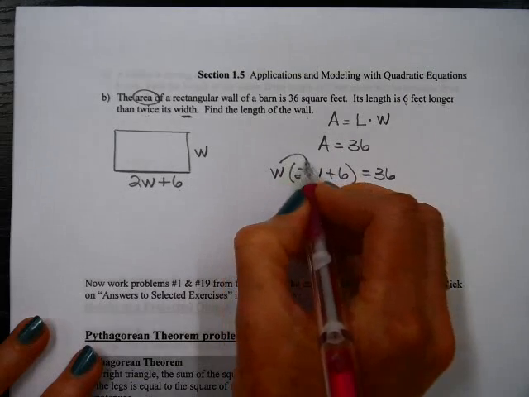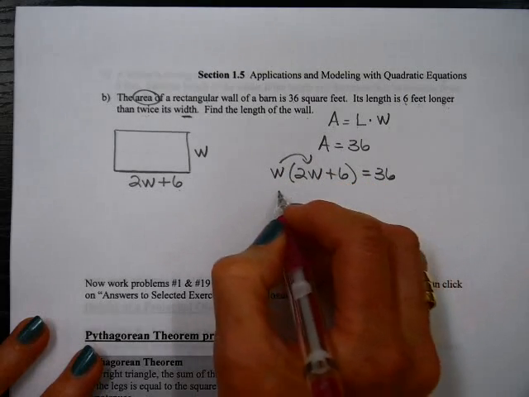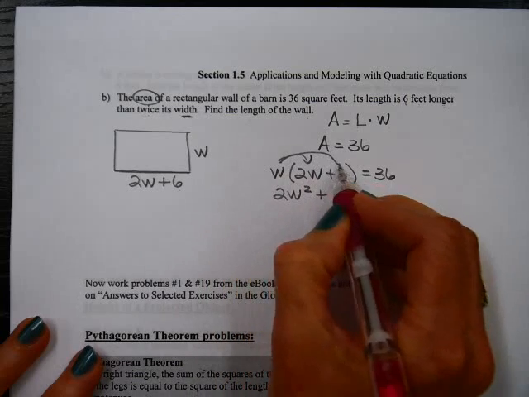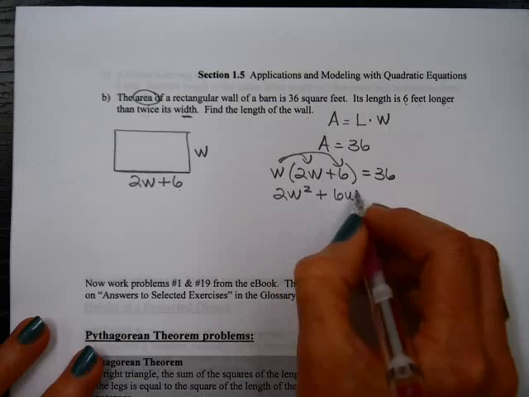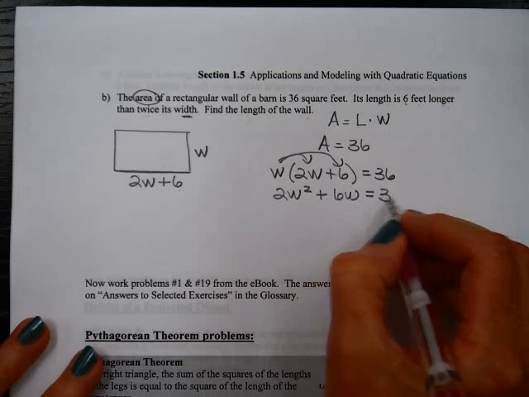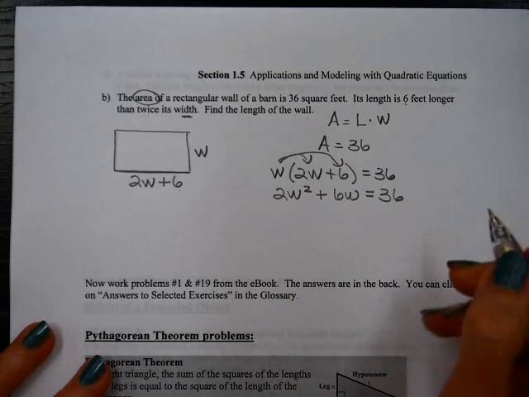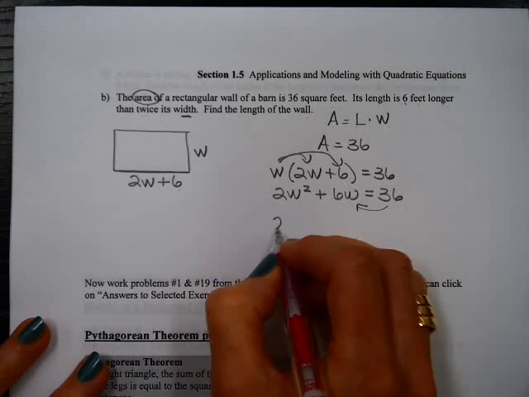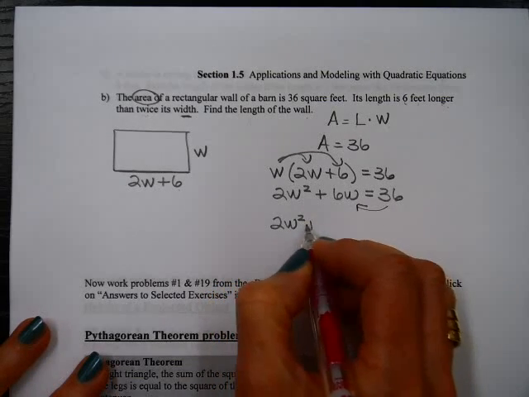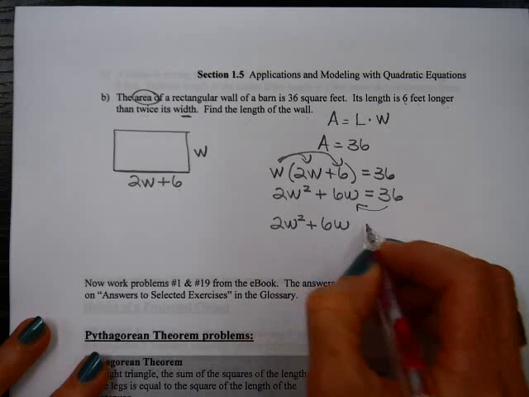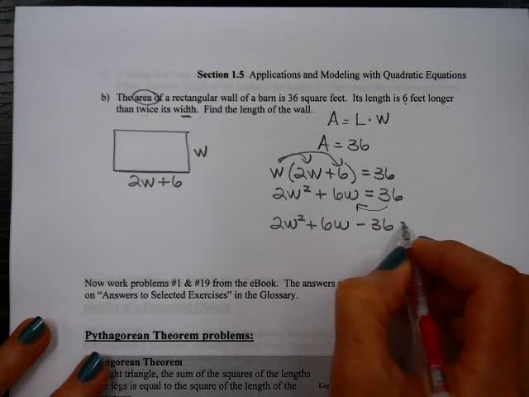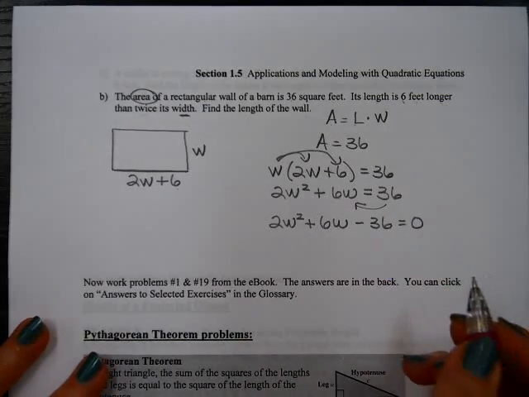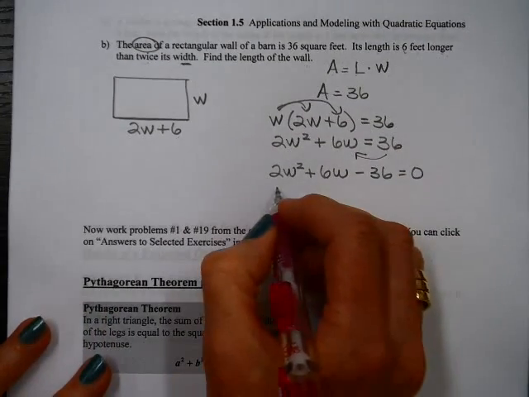Now again, we're going to solve the problem. We've got to get rid of parentheses, so use your distributive property. 2W squared plus 6W is equal to 36. We've got to put this in standard form again, so subtract the 36. So 2W squared plus 6W minus 36 is equal to 0. And again, this is quadratic, so we're going to put it in our quadratic formula.